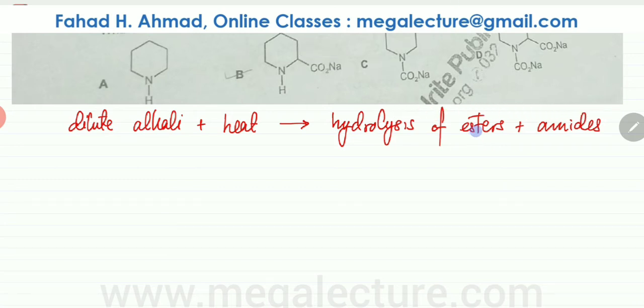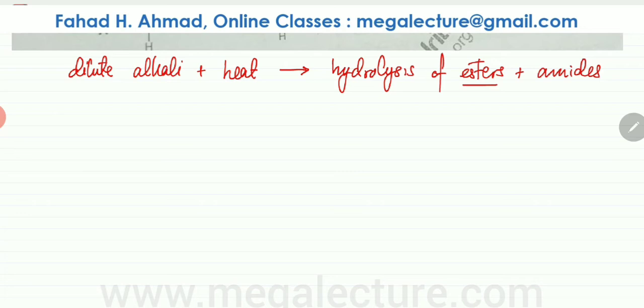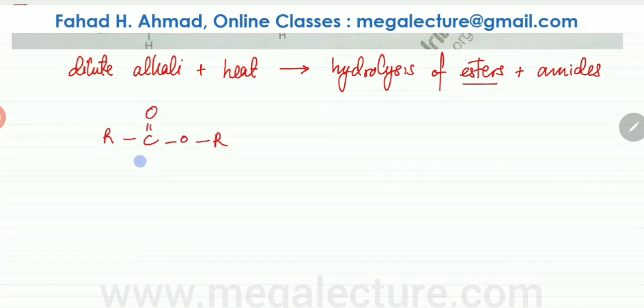I'm going to first quickly give an overview of what happens when an ester is hydrolyzed with dilute alkalis. So here you can see there's this ester link, and that will break down when you heat it with an alkali. What happens to the ester is that it breaks down from the middle. This side, the RC double bond O side, changes into a carboxylic acid, whereas the other side would change into an alcohol.